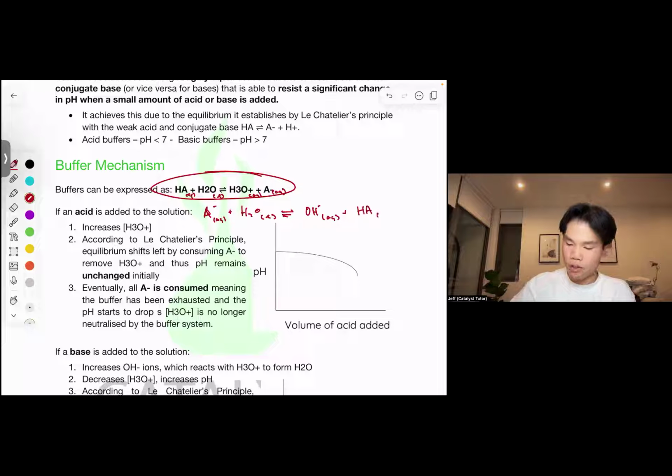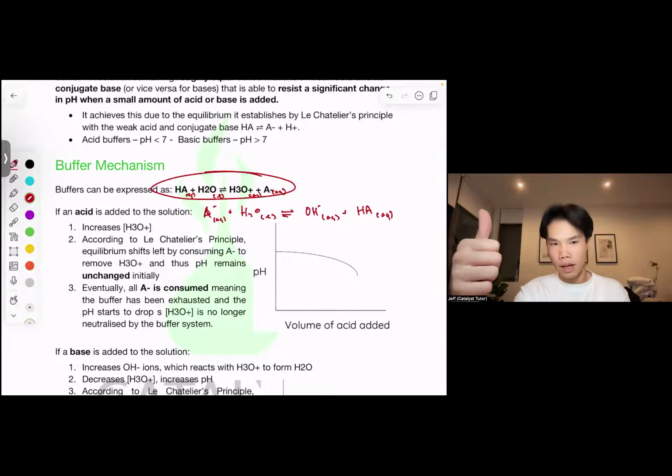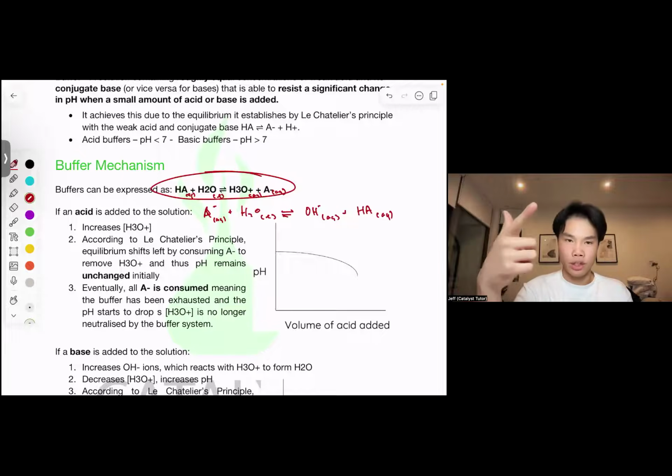So the buffer system has two equations. You always want to show two equations for a buffer, one of the acid reacting with water and one of the conjugate base reacting with water. And if it's for a base and a conjugate acid, you can show the same thing.